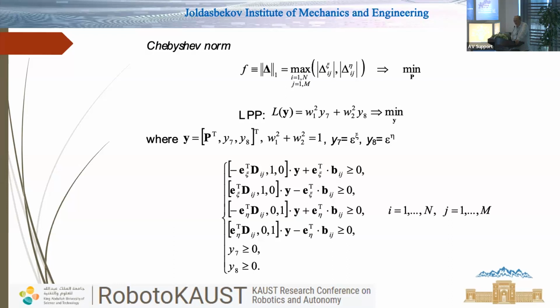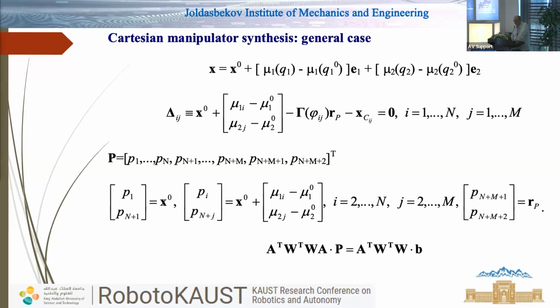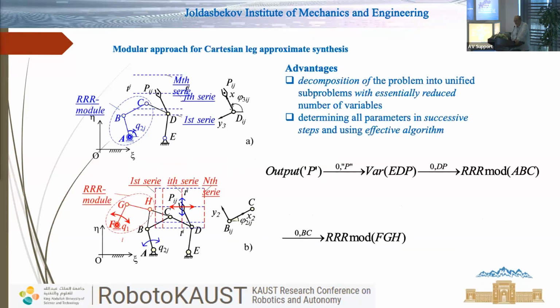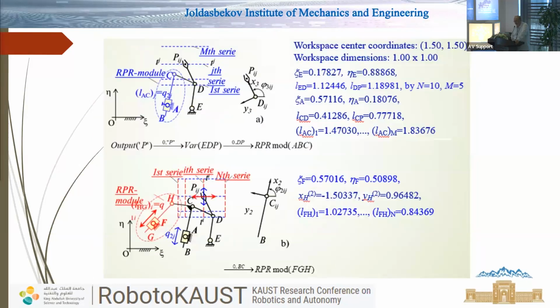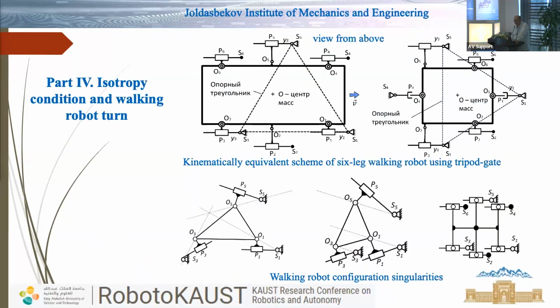And if you use Chebyshev norms, then you deal with a minimax problem, and the solution was obtained as a linear programming problem solution. And various methods were applied, and the comparison of them is presented here. I will skip all these results, and the isotropy condition was applied to optimize the walking robot construction.